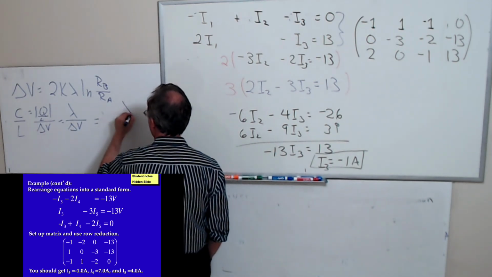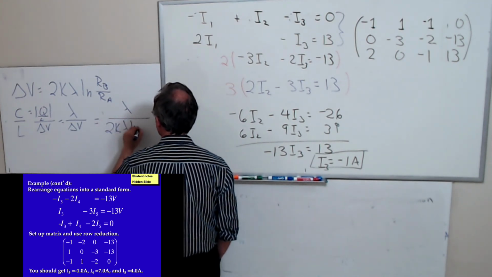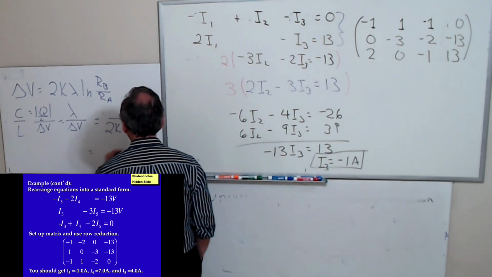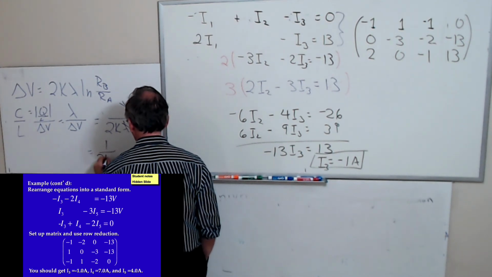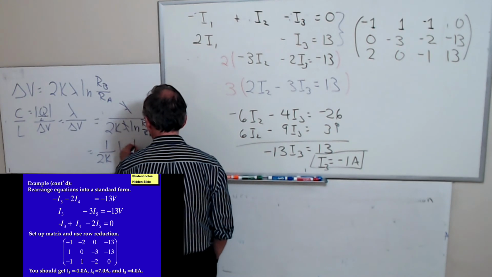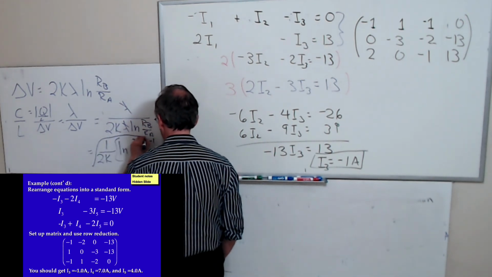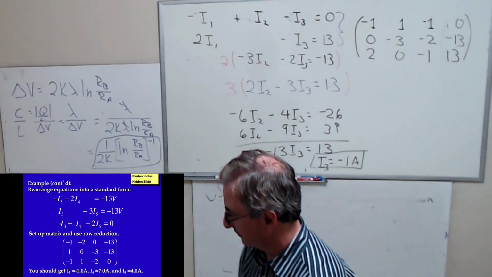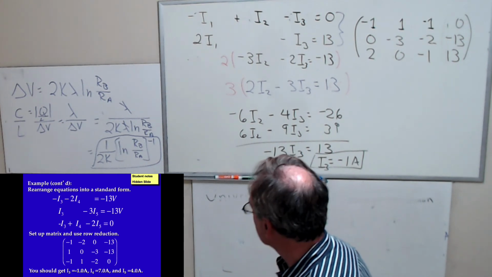And so that's going to be lambda over 2k lambda natural log of R sub B over R sub A. The lambdas cancel, and I'm going to get 1 over 2k natural log of R sub B over R sub A, the whole thing, because this is what Damien was talking about, to the minus 1. Okay. So yeah, it should be that. Okay? Mm-hmm.